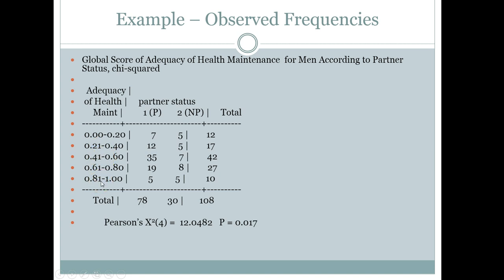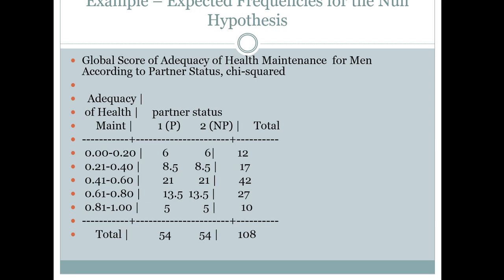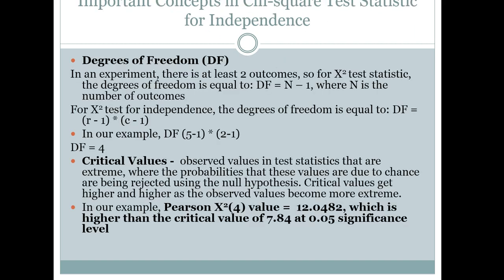So we have 5 levels in this categorical variable, and applying that to the formula for the chi-square test for independence and calculating the degrees of freedom, you have 5 minus 1. And so what's the difference? That would be 4.